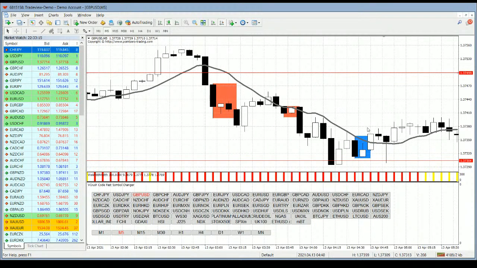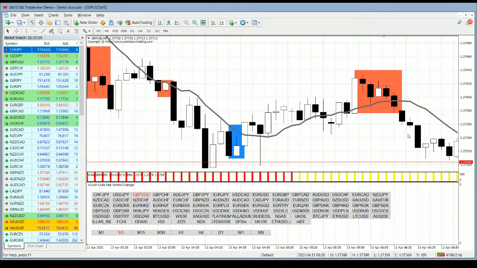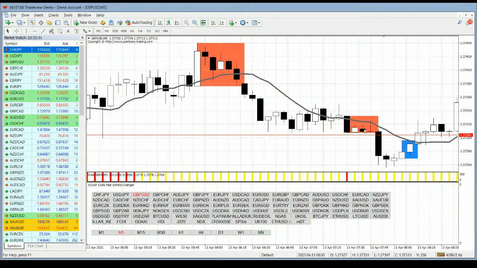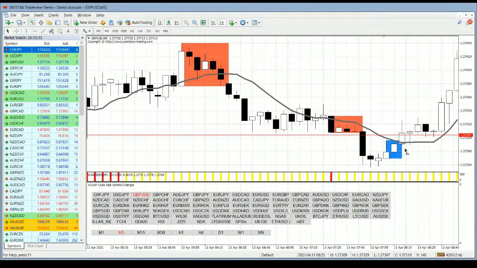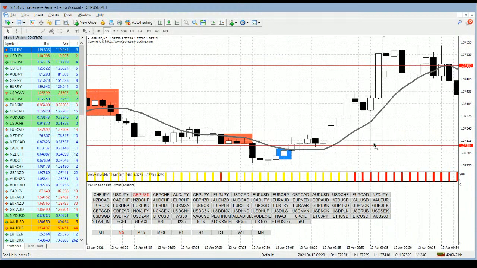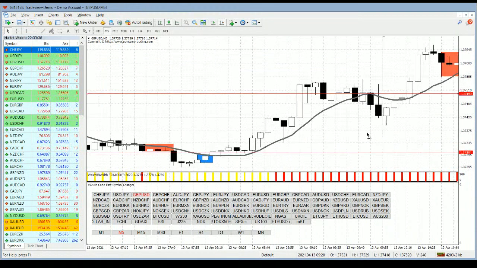Okay, this is not tradable because it's a breakout. It's a bullish breakout, but you can see it does break out above the moving average, so we can take this trade as well. Okay, no, this one we can't take. This one we can't. No. Let's see anything in this red zone.